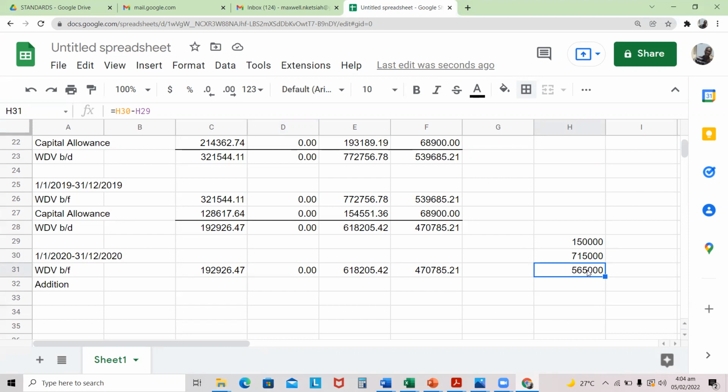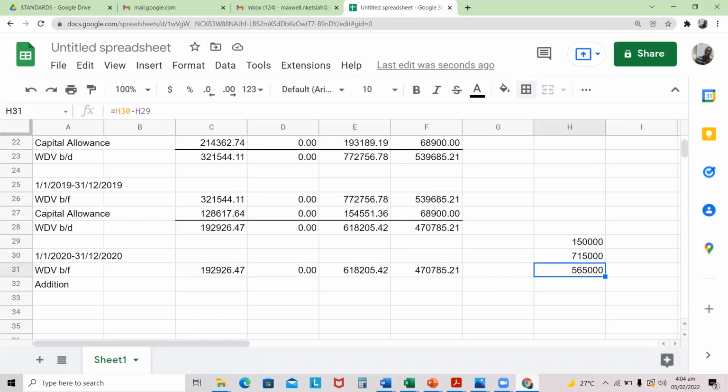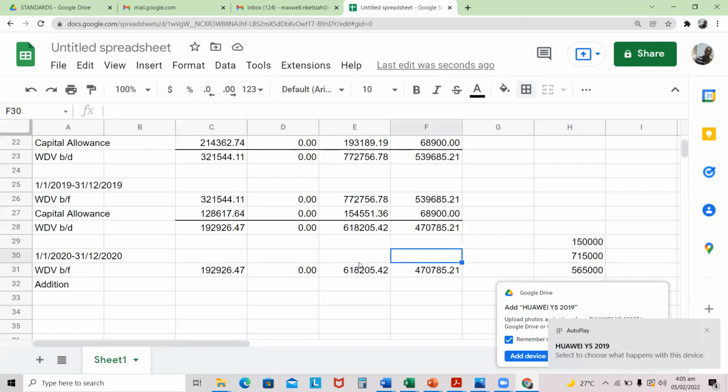This is the excess amount, which should not be included. Okay, so our amount will now become 565,000 less.